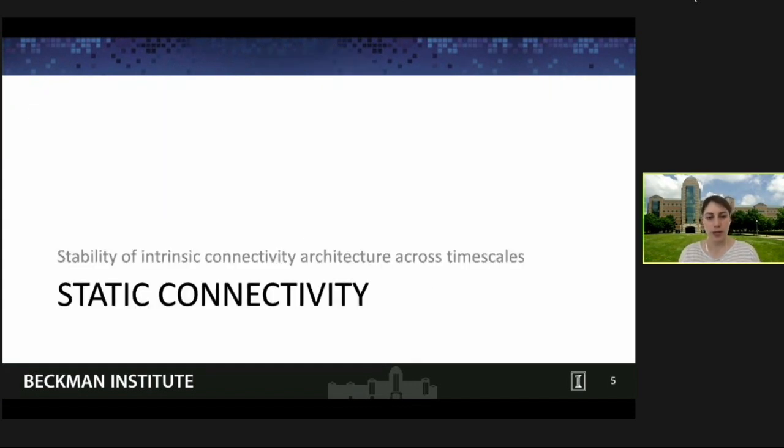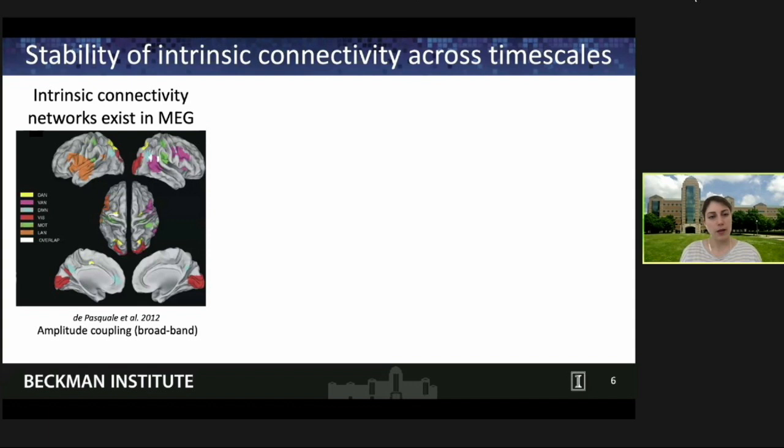So let's start with the stability, the spatial stability of static connectivity. So here is one of the earlier papers that was really demonstrating that you can generate the canonical neurocognitive networks that we know from resting state fMRI, that you can generate them in resting state MEG as well in whole brain source localized data.